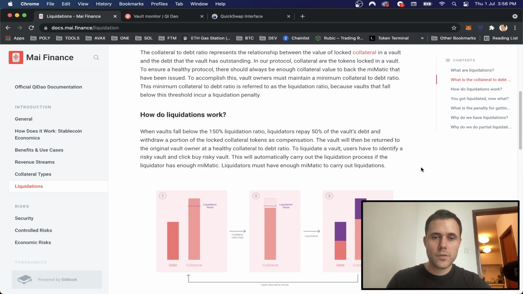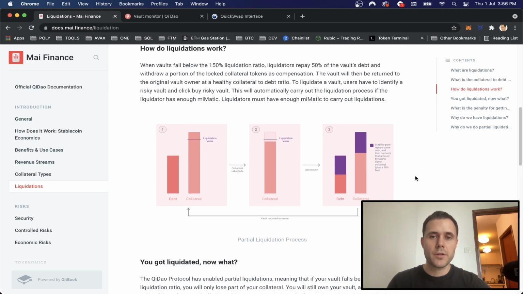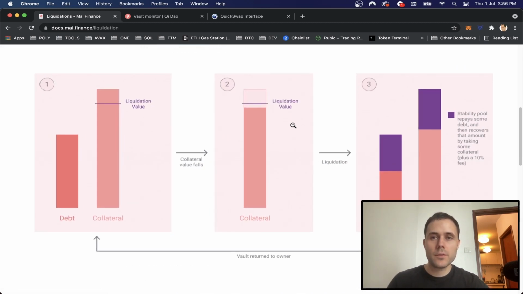Okay, so how does this work? Mai Finance has a partial liquidation policy, which is a little bit different to some other platforms. So just looking at this infographic, here we've got the debt and the collateral which is backing it, and the price which the collateral, if it falls below, will become liquidated.